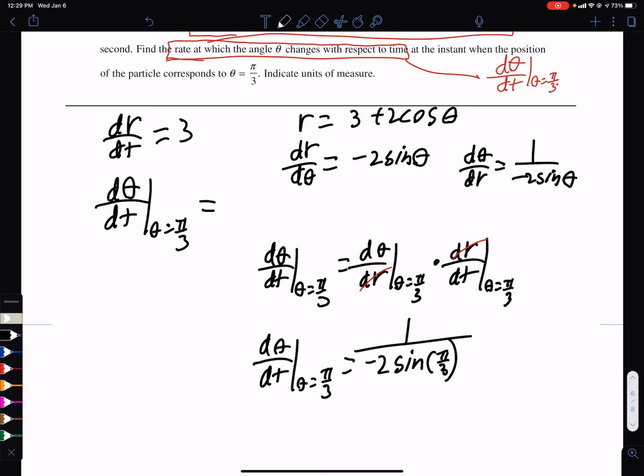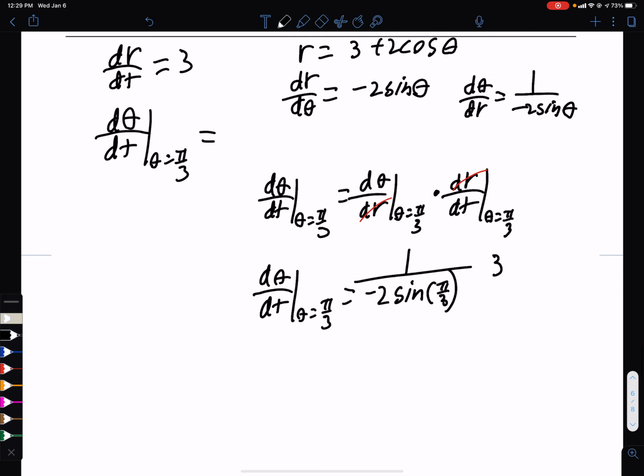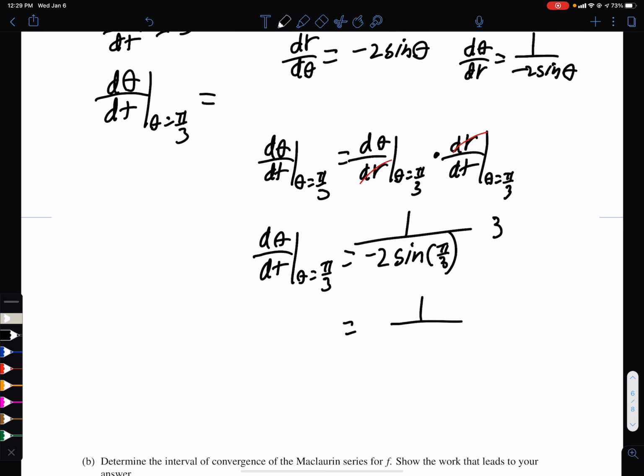And dr/dt is constantly 3. So I multiply that by 3. Sine of pi over 3 is radical 3 over 2. Those cancel. And so we get negative 3 over radical 3, which is negative radical 3. So that's the other way to look at it. And that's the end of this problem.